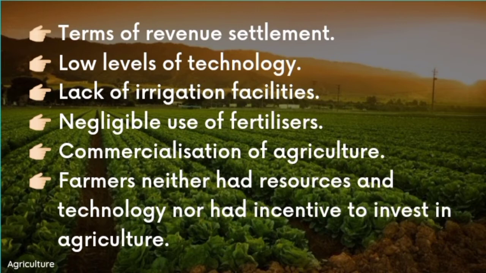So they started producing cash crops, which led to commercialization of agriculture. That was also to promote and safeguard the interest of the colonial administration, Britain. They forced us to do whatever they wanted, which was never done for the development of the Indian economy.